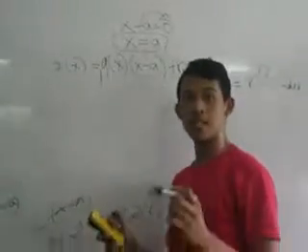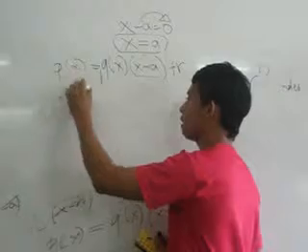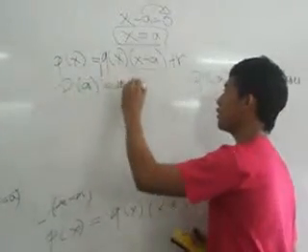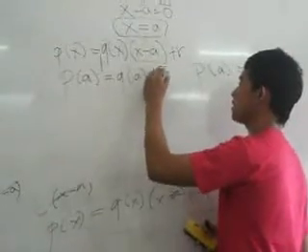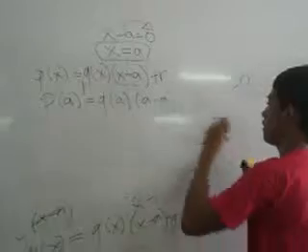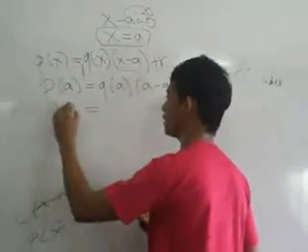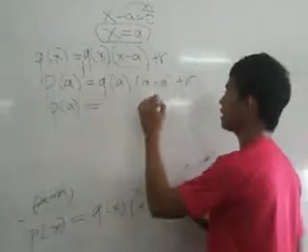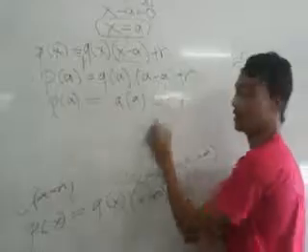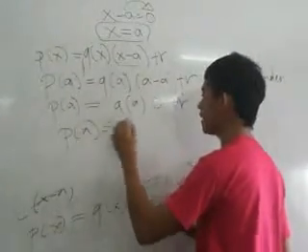So now, let's substitute all values of x as a. Now, P of a is equal to Q of a times a minus a plus remainder. So, P of a is 0 times Q of a plus remainder. Now, P of a is equal to the remainder.